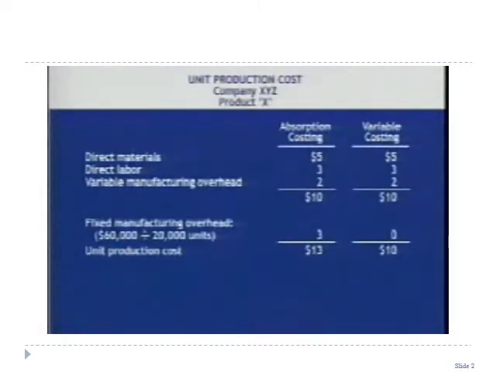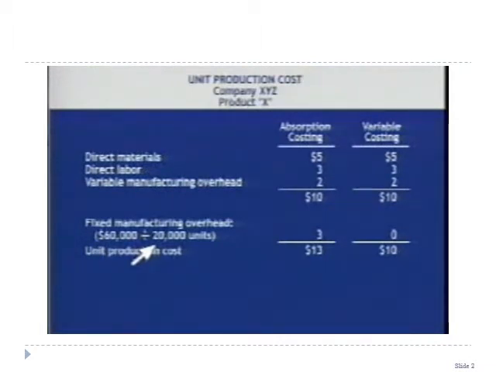For absorption costing, unit production cost includes direct materials, $5, direct labor, $3, variable manufacturing, $2, and fixed manufacturing costs of $3 per unit, for a total unit production cost of $13. Fixed cost per unit is the $60,000 total fixed manufacturing overhead divided by 20,000 units produced.